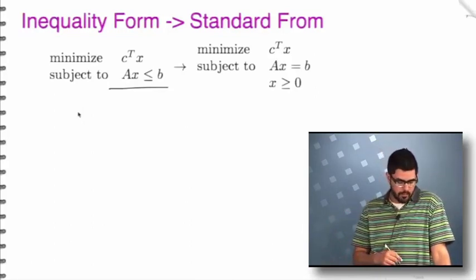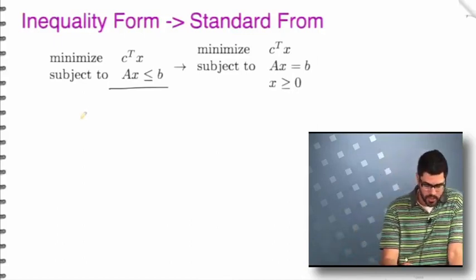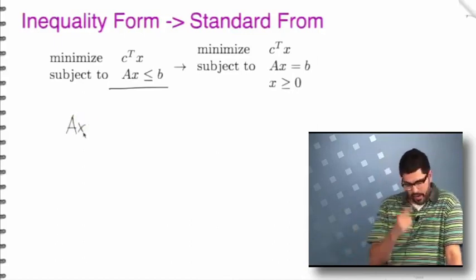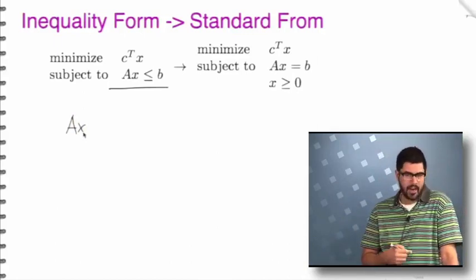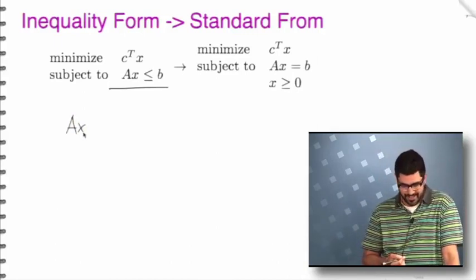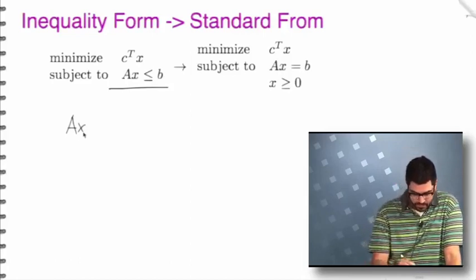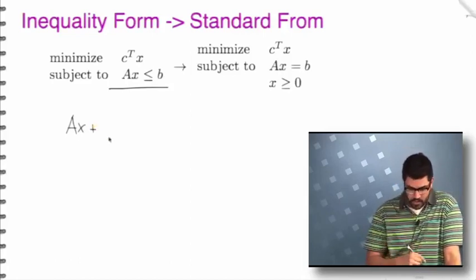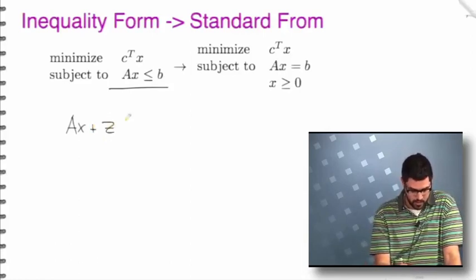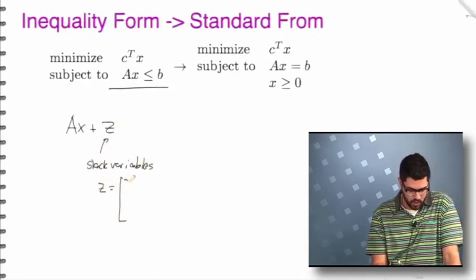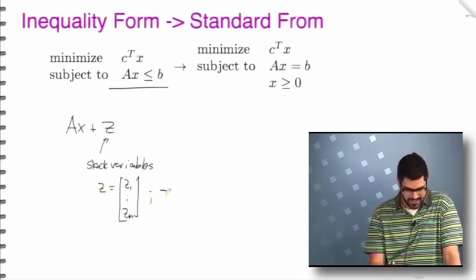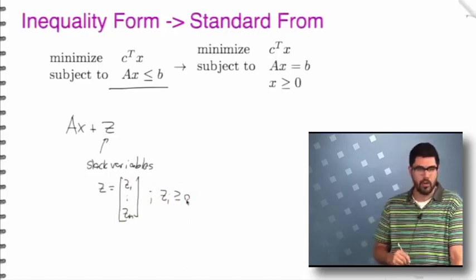Okay, so one thing we can do is, I know Ax is less than or equal to b. But if I add a new variable, let's say z, we'll call this the slack variable, a vector of z's, so that's just slack variables. z is equal to z1 dot dot dot zn, and of course the zi have to be greater than or equal to 0. Remember, these are m equations.